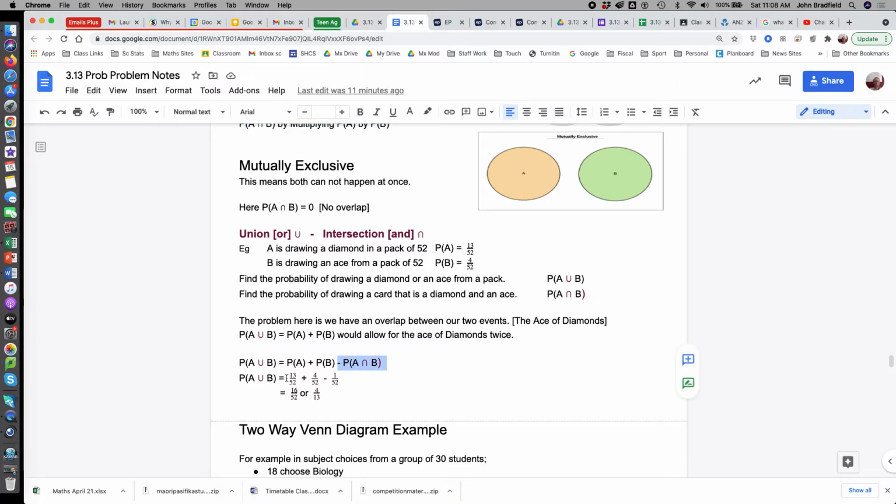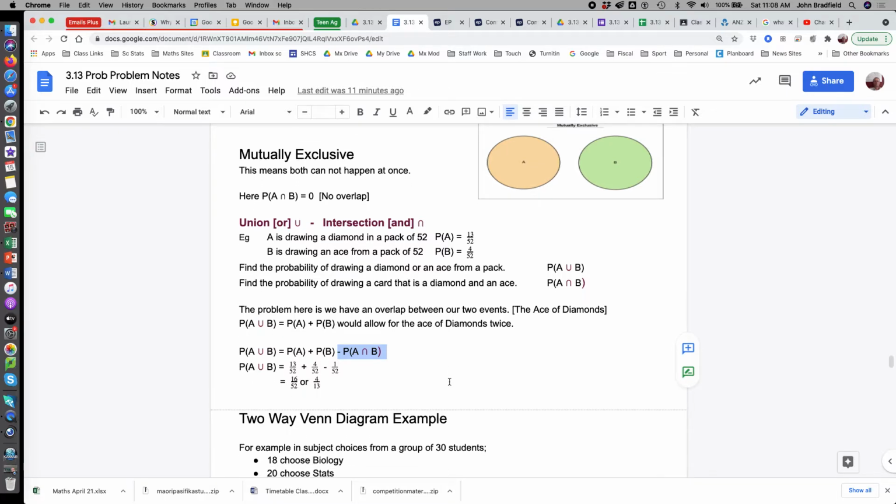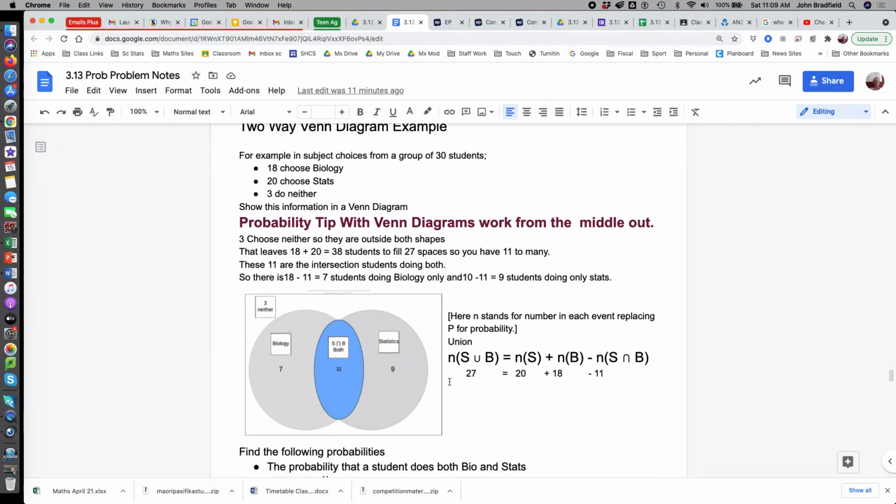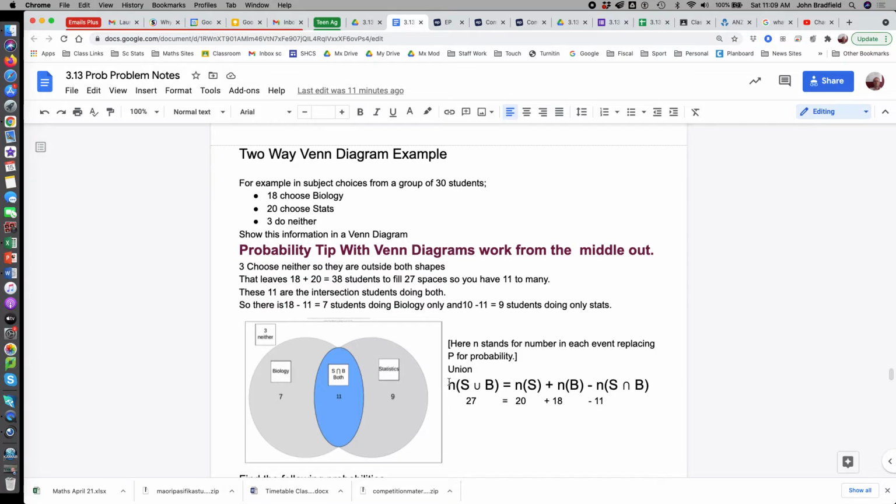So you've got all of the diamonds, all of the aces, minus the ace of diamonds because it's been counted twice. That leaves us with a total of 16 out of 52, which we would simplify most likely. So those definitions stick with us. They don't just apply for Venn diagrams, but they do apply elsewhere.